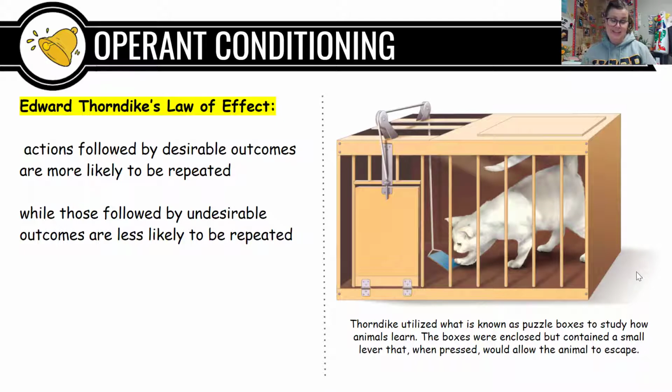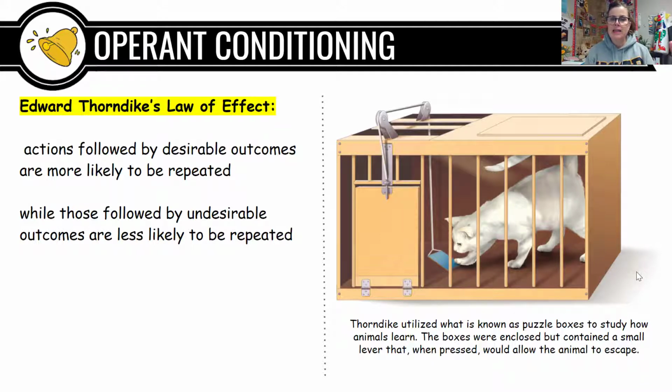So we need to start from the beginning and where operant conditioning kind of became a thing in psychology. And the person that kind of discovered this or put a name on this was a man by the name of Edward Thorndike. And Thorndike came up with a term called the law of effect.